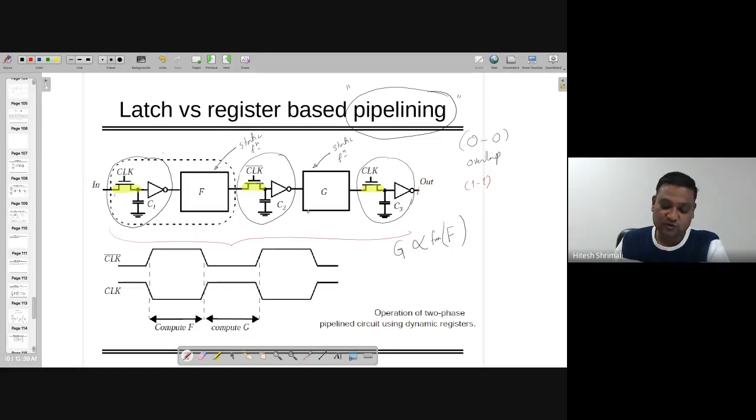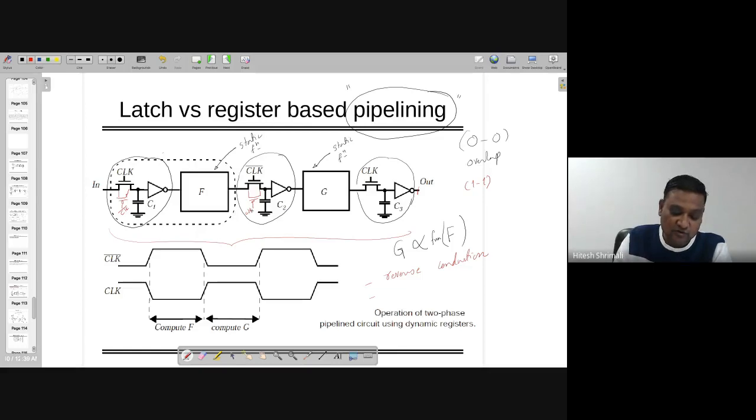In that case, what to do? If you remember, we have studied something called reverse conduction, when you implement these switches with a transmission gate. In that case also, such things were happening.